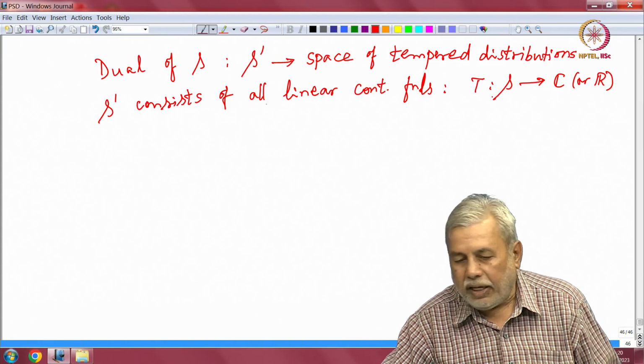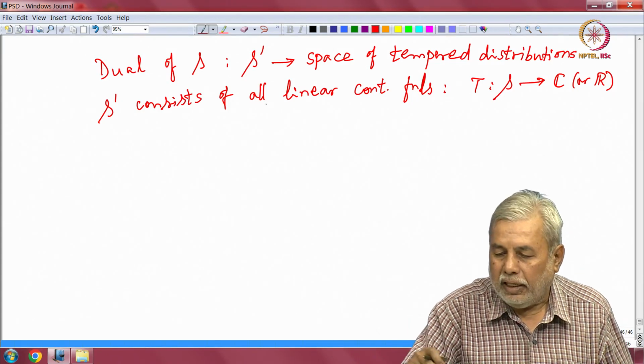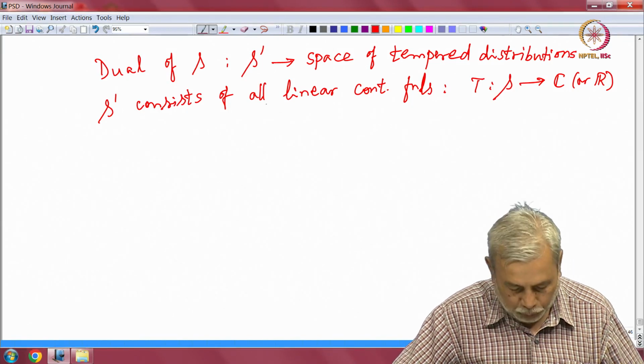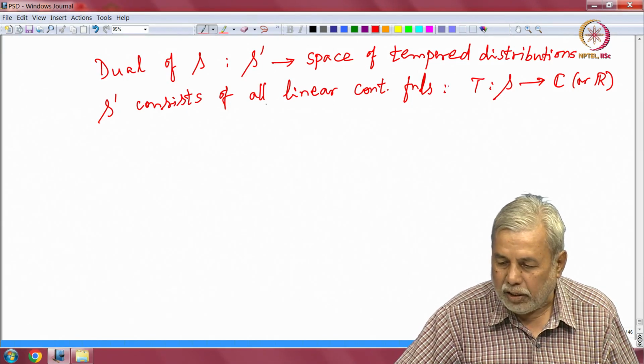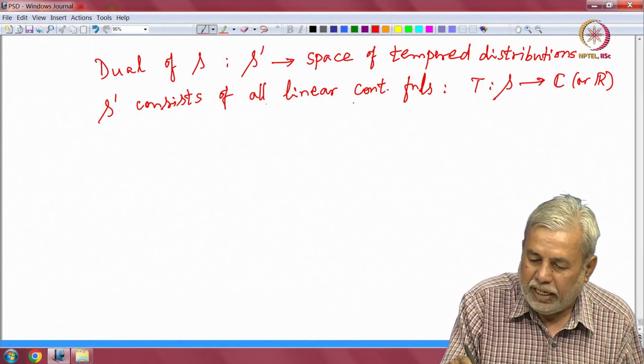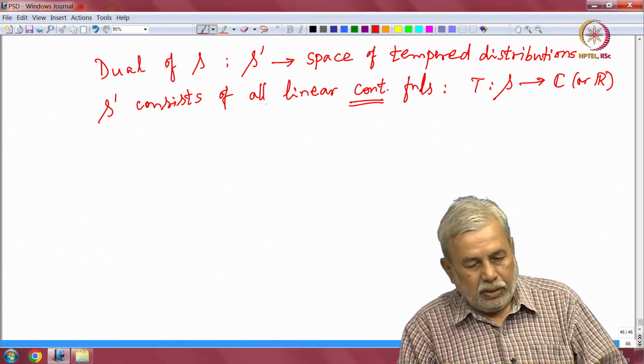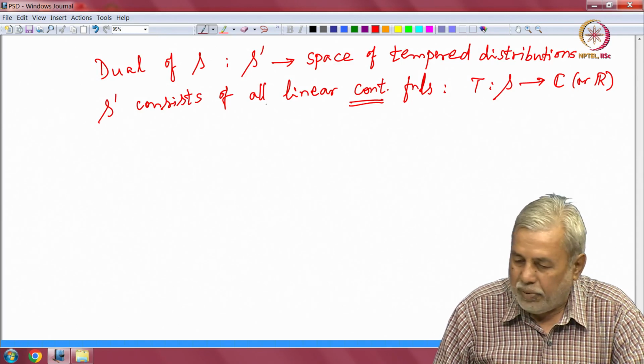If you consider S as a complex vector space, then you take it onto C, otherwise onto R. That's our choice. Again, continuity is with respect to the metric topology. But here is an easy way of checking that.